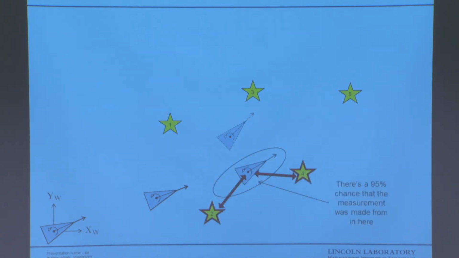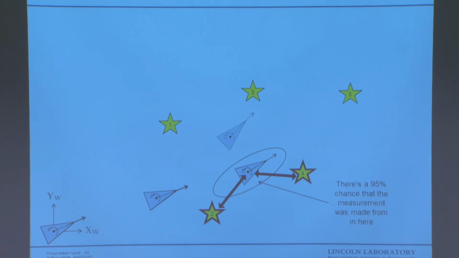And then similarly, we can also say, by using our knowledge of the sensor measurement error, that if we observe these two landmarks, that we have some high degree of confidence that we're somewhere within that oval shown on the screen there.